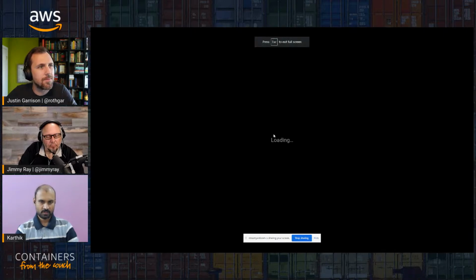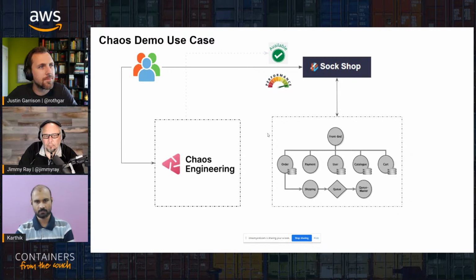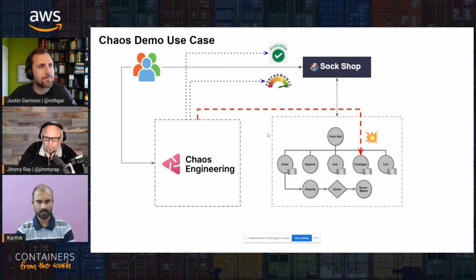It's a great question. The injection itself depends upon the nature of the fault. In case of something like pod delete, which is what we're going to do right now, it's a simple Kube API call. In Litmus, one of the outcomes of running it in the cloud native way is that the experiment business logic is containerized and runs as a pod.